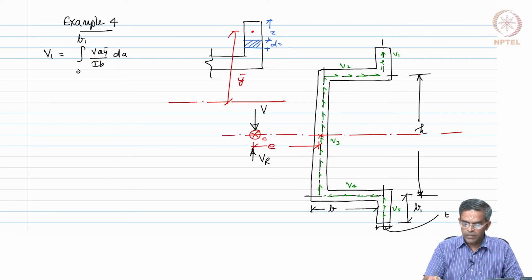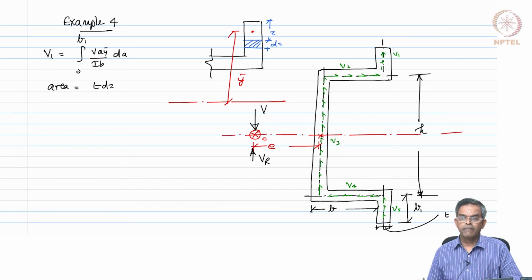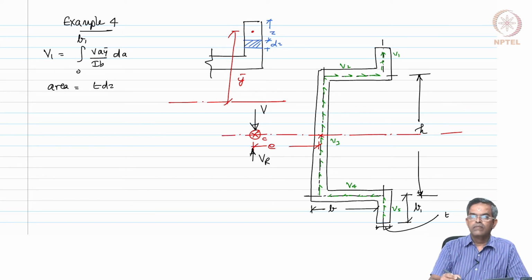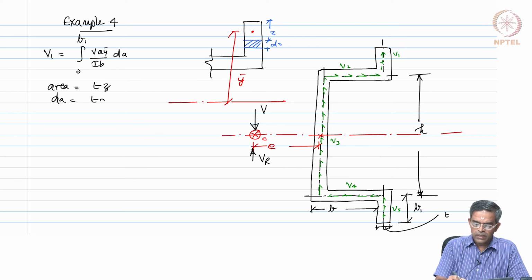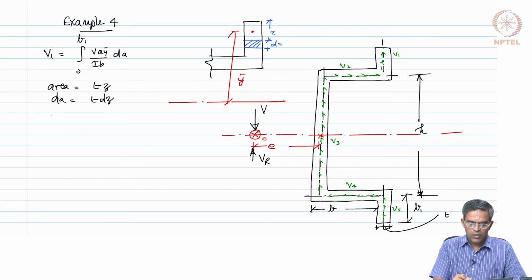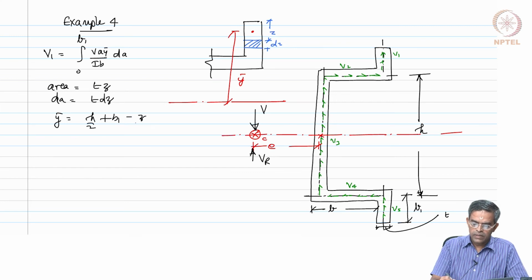That is my y bar. So, let us say area is T into z, dA is T into dz, y bar will be h by 2 plus B1 minus z by 2.